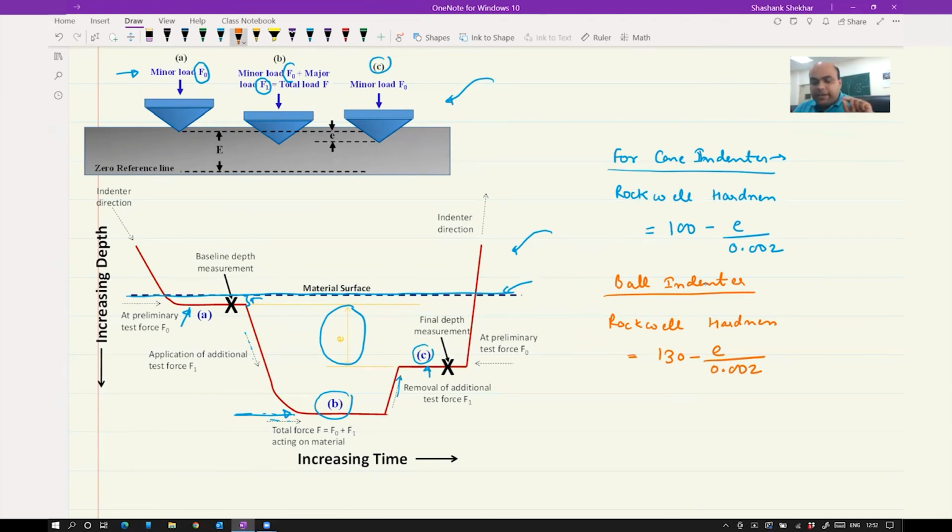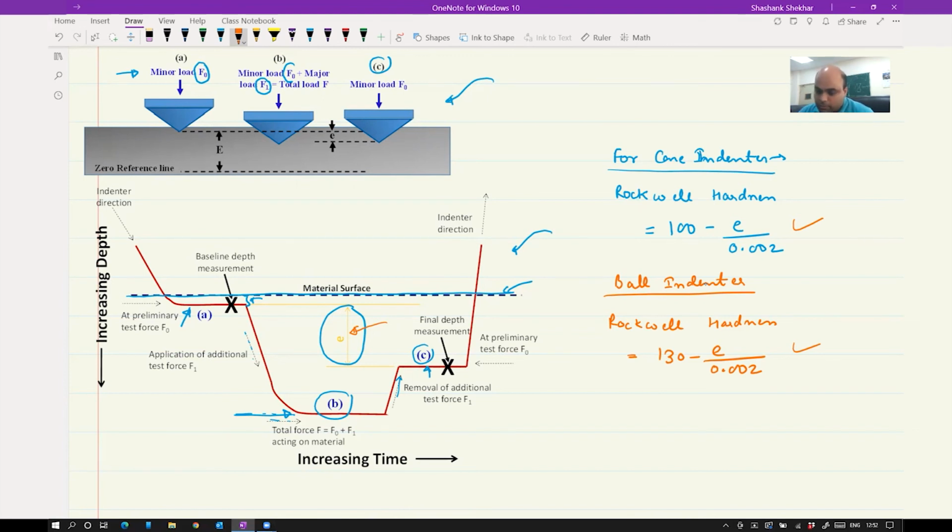Depending upon whether your indenter is a diamond cone or a ball, you are going to use one of these two different formulas, depending on this value of E. Again, the Rockwell tester gives you the values automatically.